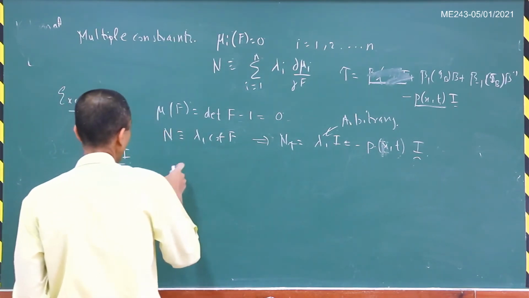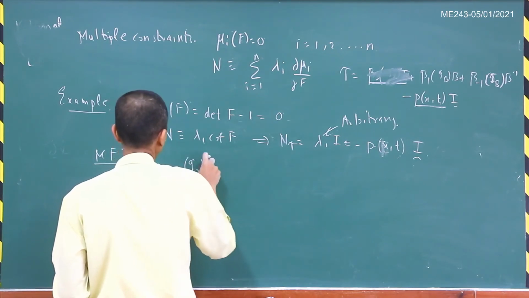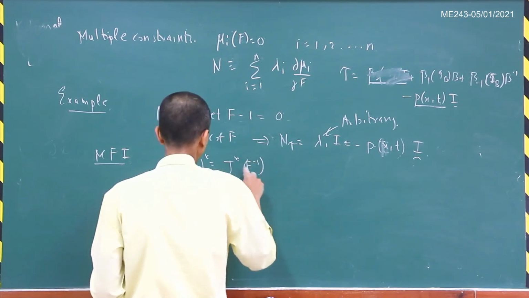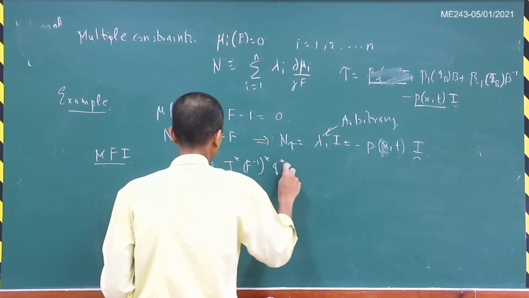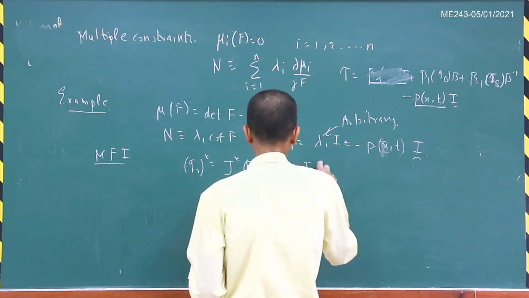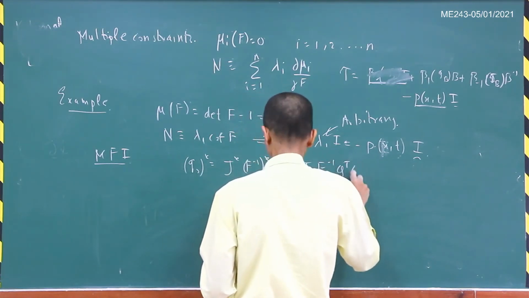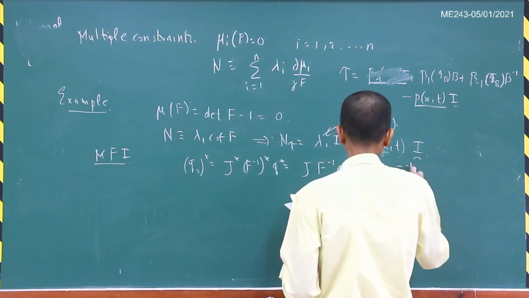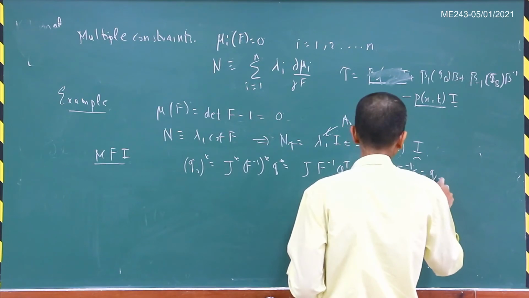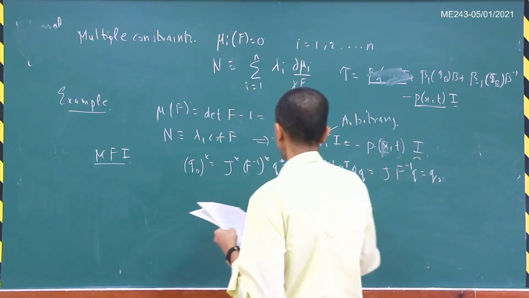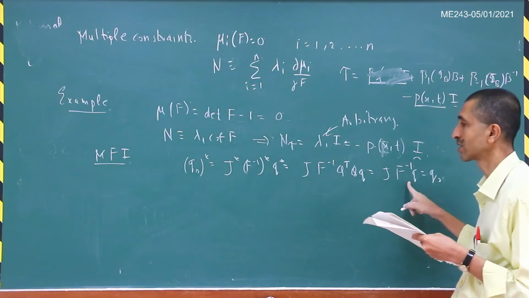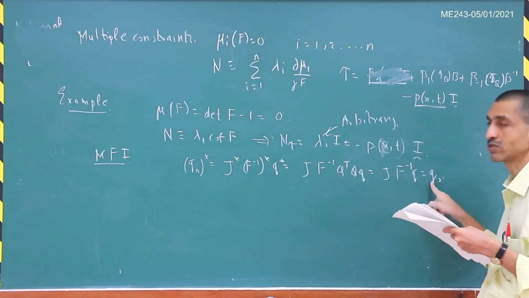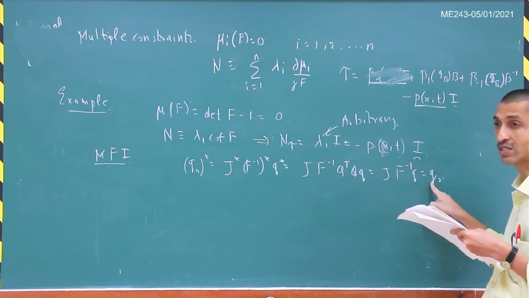Here first let us note that Q naught star is equal to J star times F inverse star times Q star, which is equal to J times F inverse times Q transpose times Q times Q, which is equal to J times F inverse times Q, which is equal to Q naught. And so the Q naught star, that is the heat flux as observed by the starred observer, is the same as the heat flux as observed by the unstarred observer.